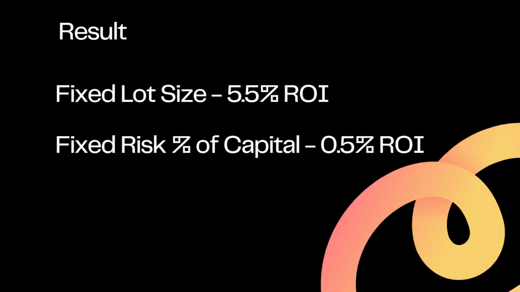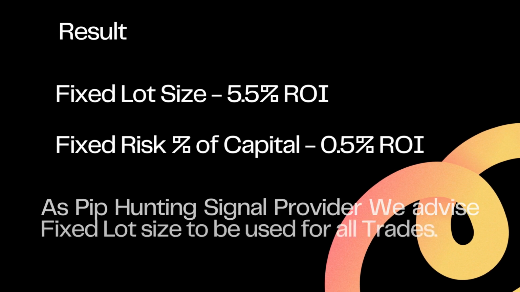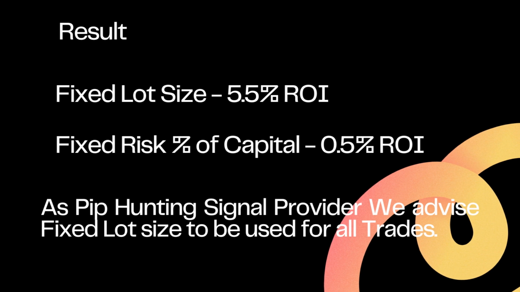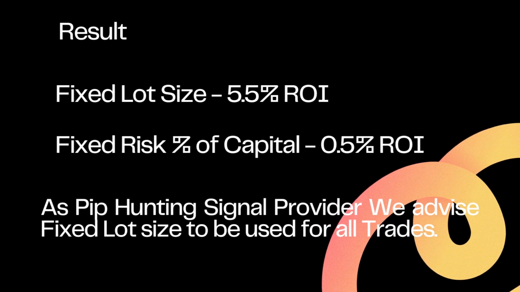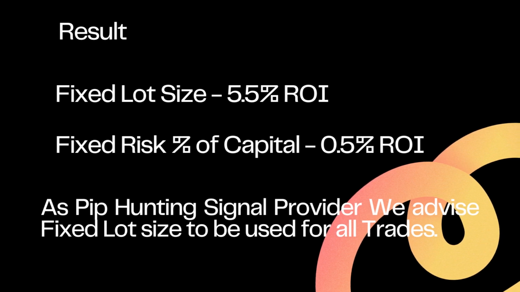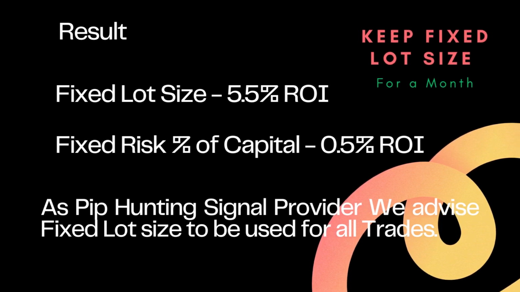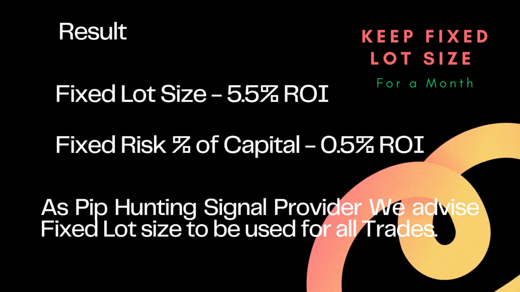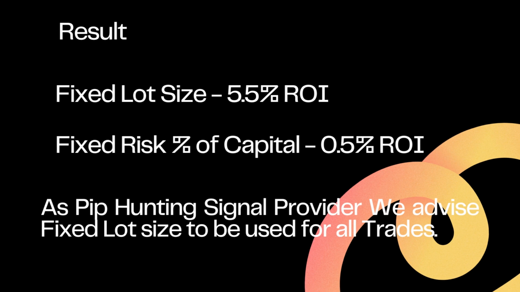So this is why we say, as Pip Hunting signal provider, we advise all our followers to consider a fixed lot size to trade rather than a fixed percentage of your capital. We consider only a fixed lot size, at least for a month. For a month you consider the same lot size, and if your capital has increased, then you can update your lot size to trade for the next month.